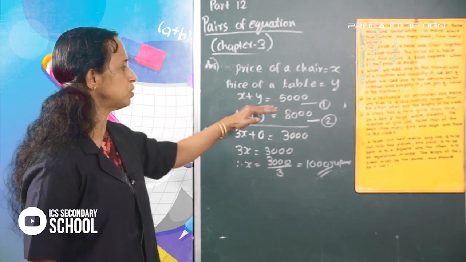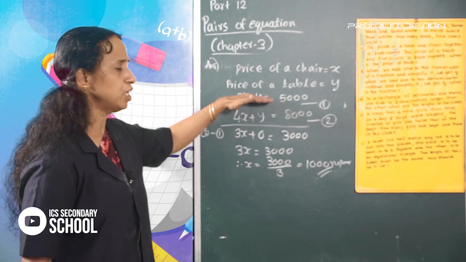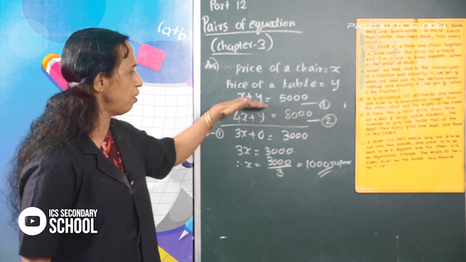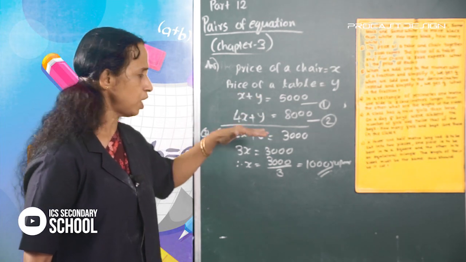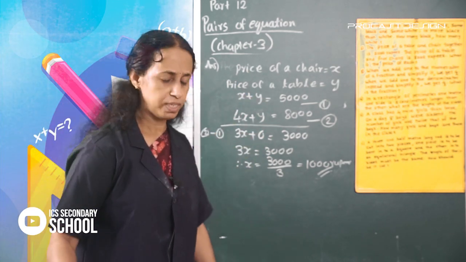Next, find the price of a table. Put the value of x in the first equation or the second equation.